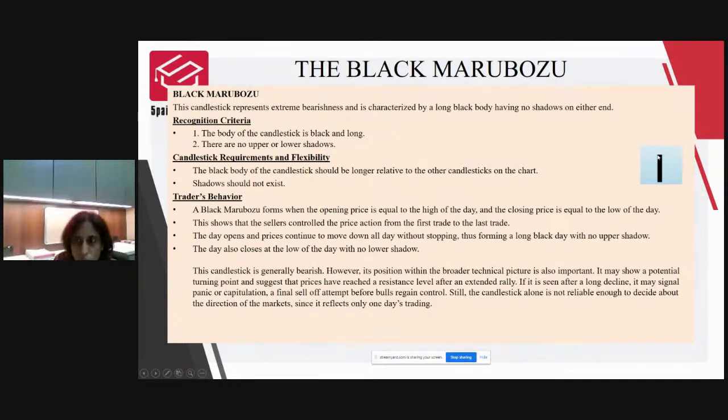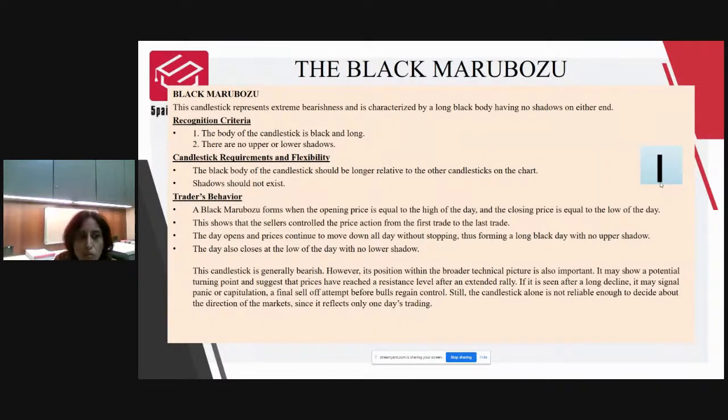This is the opening price, and this is the closing price. The opening price also reflects the highest of the day, and this closing price reflects the lowest of the day, and that is why you don't see any shadows on either side, right?